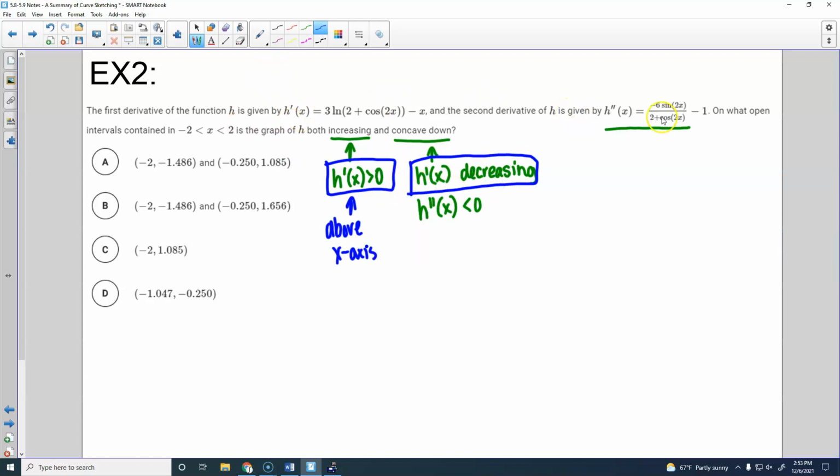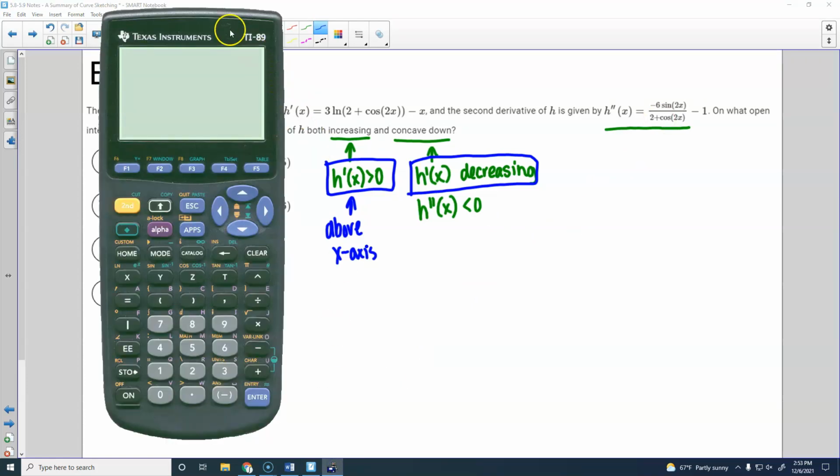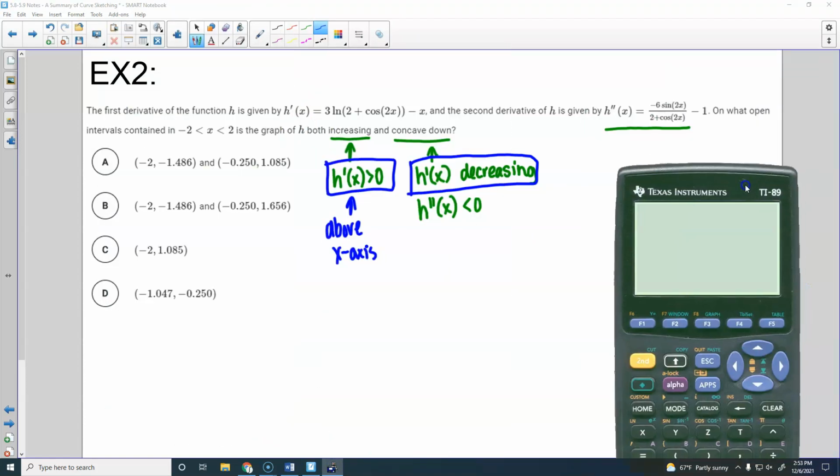So you don't have to graph h double prime. You can, but it is going to make it more difficult if you do. Concave down is going to be negative, which means that it's decreasing. h is increasing, which tells us the derivative is going to be positive. But concave down tells us that the derivative is decreasing.